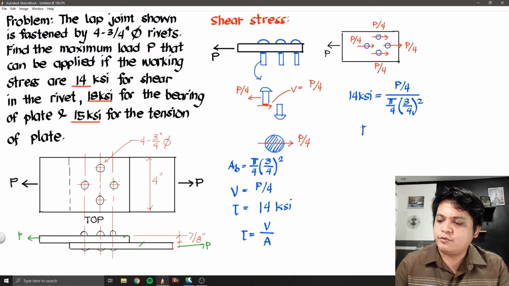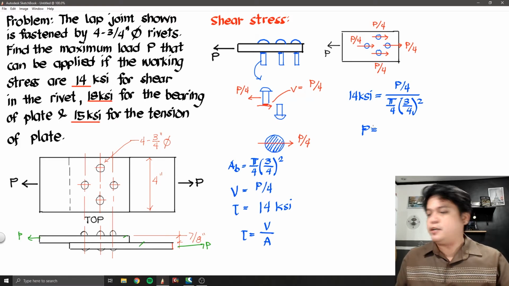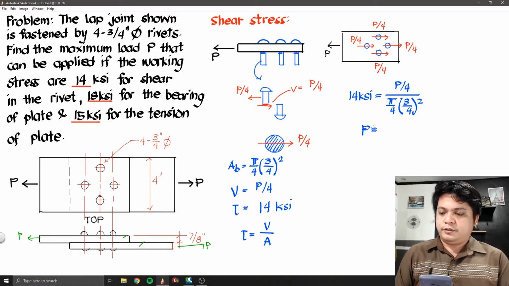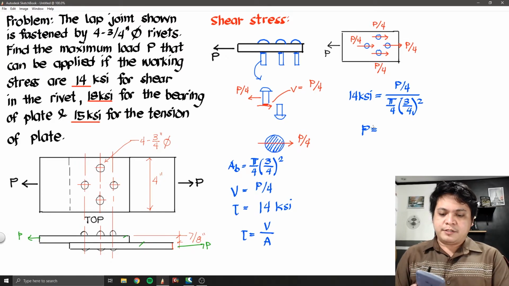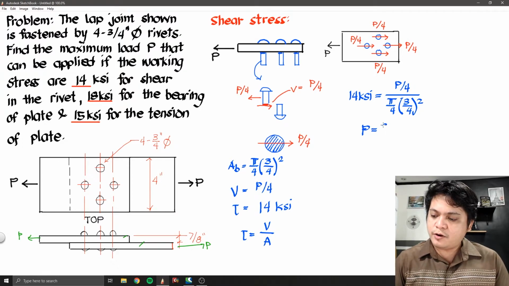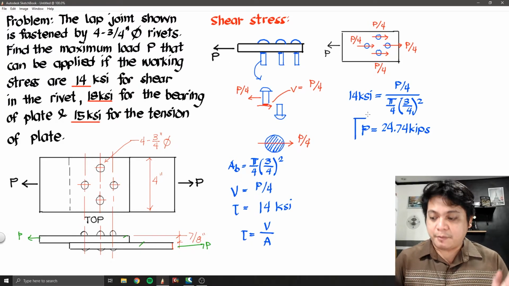Okay, so we will be having here the value of P based on the shear. So 14 times pi all over 4 multiplied by 0.75 squared times 4. So that's around 24.74 kips. Okay. Hindi pa pala yan sagot.